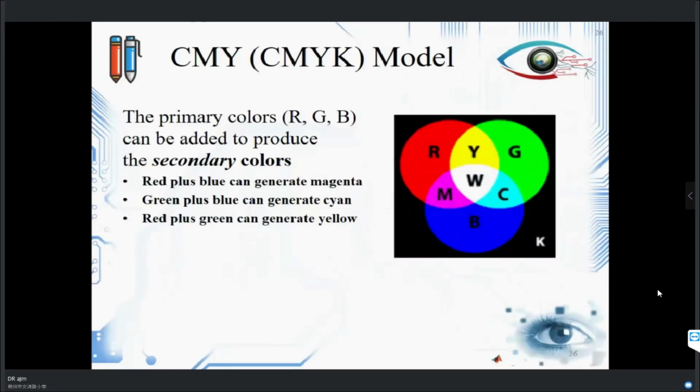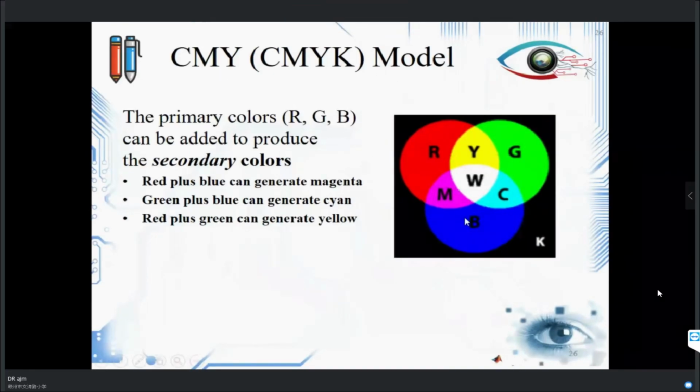That is why they call it CMYK. C stands for cyan, M stands for magenta, and Y stands for yellow, as the CMY model. K is the black one.